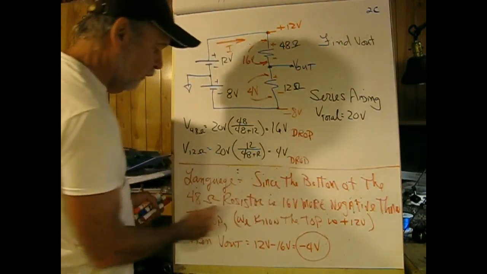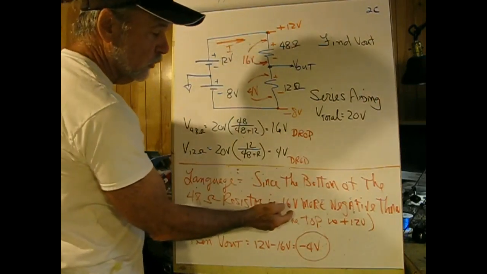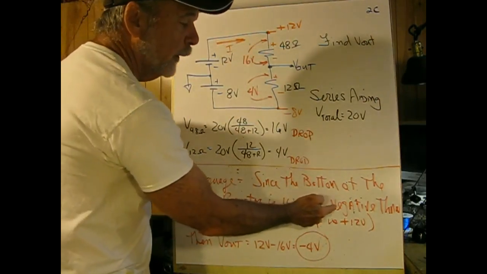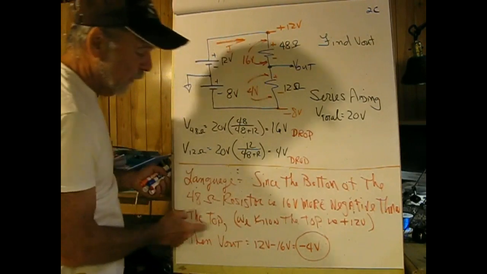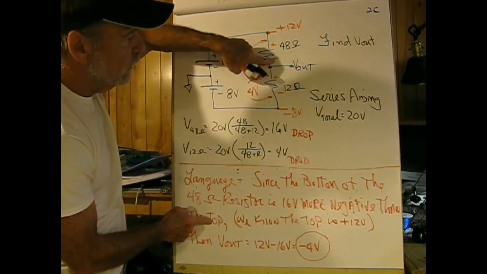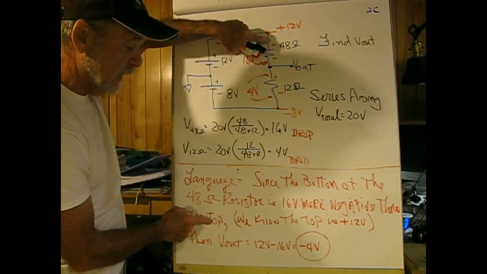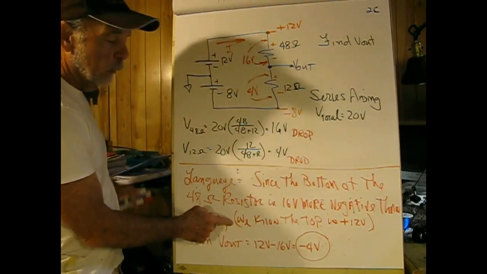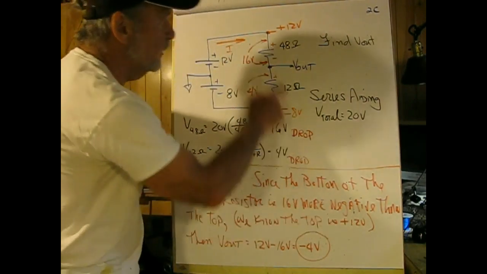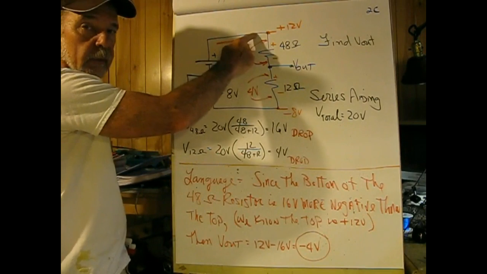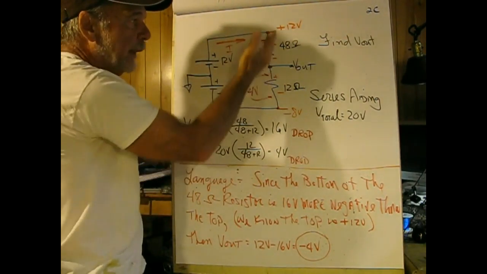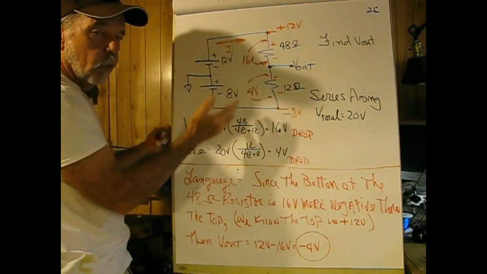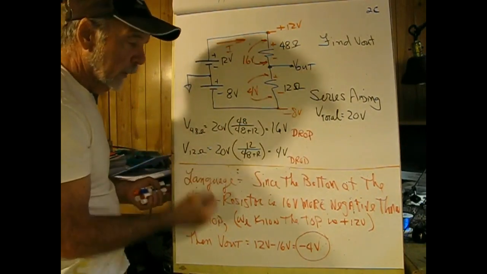Since the bottom of the 48 ohm resistor is 16 volts more negative than the top, and we know that the top is connected to plus 12 volts, so we have to know one end of the resistor voltage relative to ground.